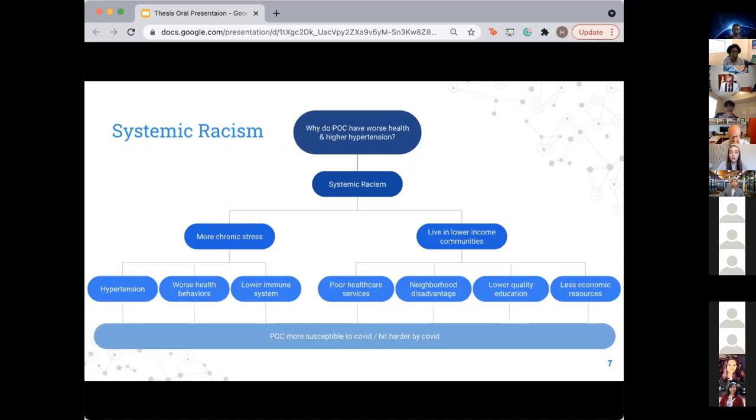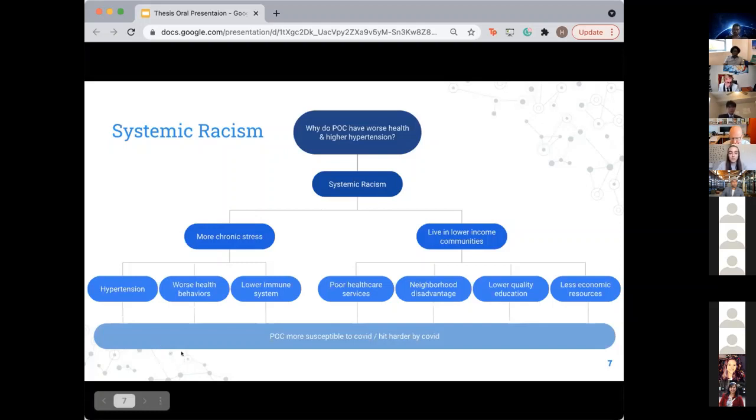Both of these lower overall health, which leads to more COVID-19 infections. When someone is stressed, your body exhibits a physiological response to it, and that physiological response is a rise in blood pressure. So chronic stress causes hypertension, which causes more morbidity associated with COVID.